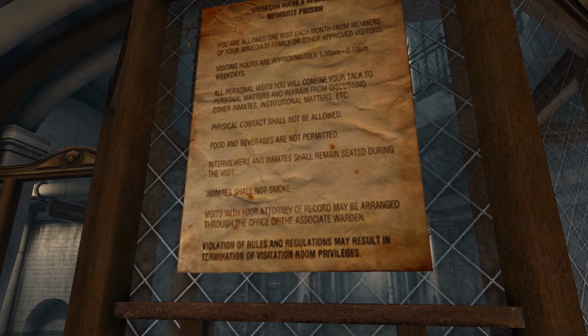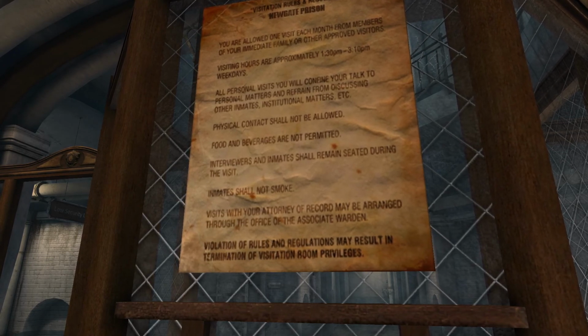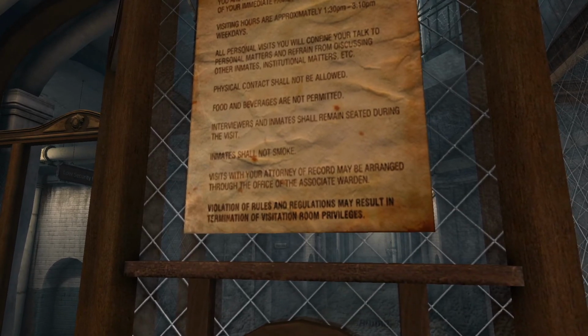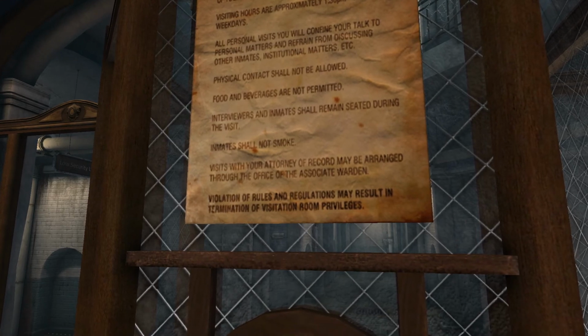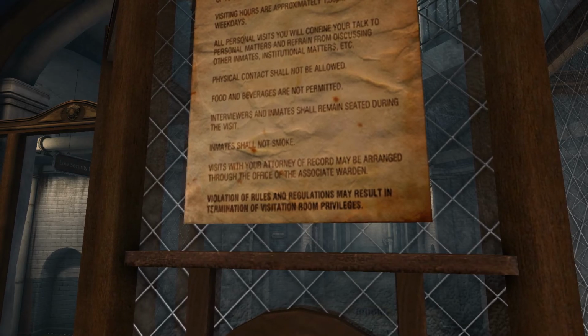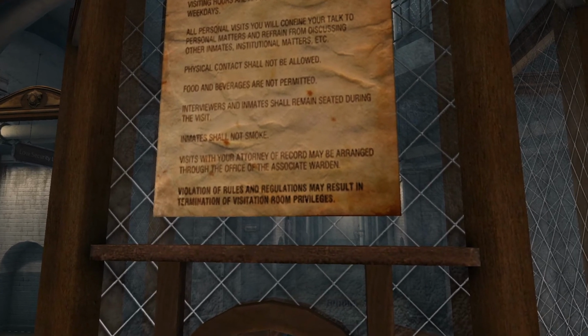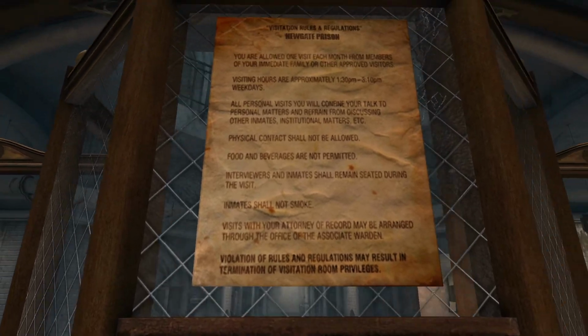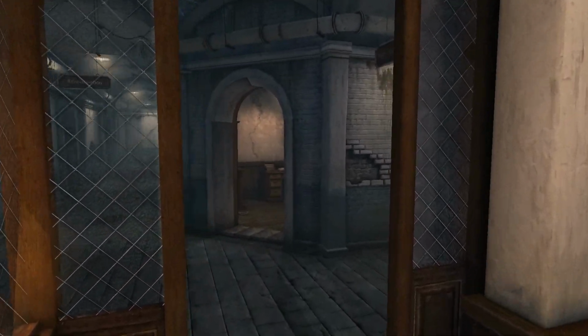Food and beverage are not permitted. Interviewers and inmates shall remain seated during the visit. Inmates shall not smoke. Visits with your attorney of record may be arranged through the office of the Associate Warden. Violation of rules and regulations may result in termination of visitation room privileges. Well, that makes sense.